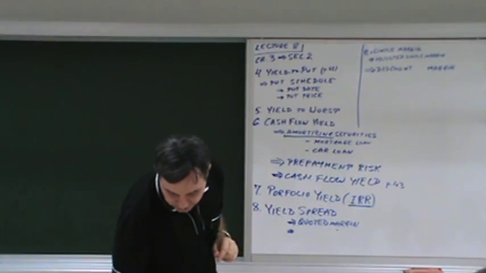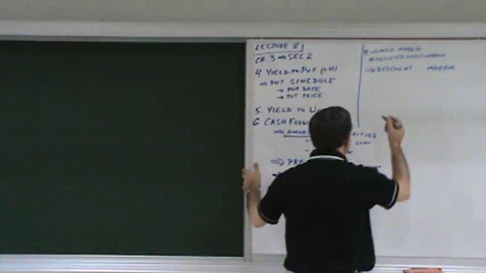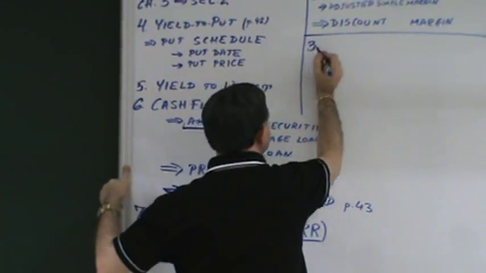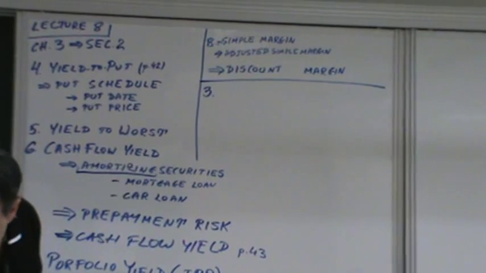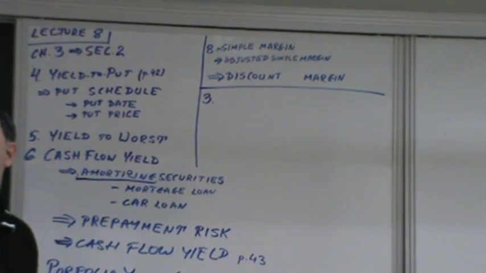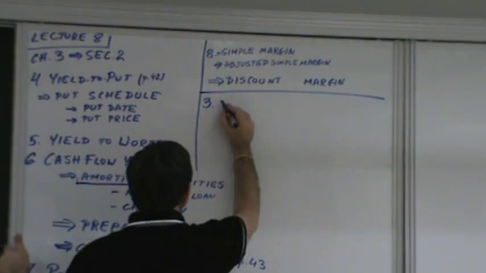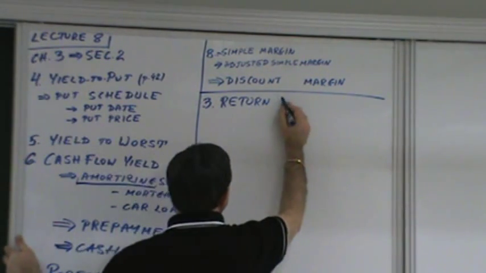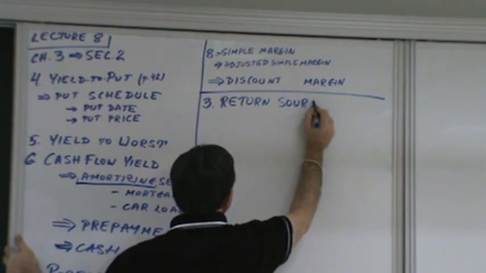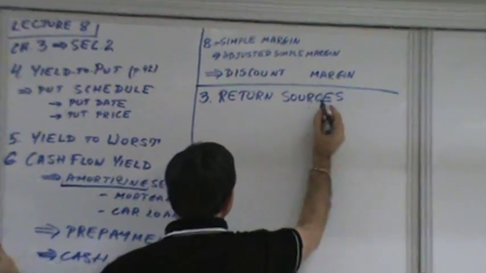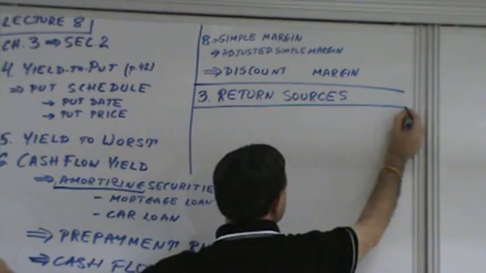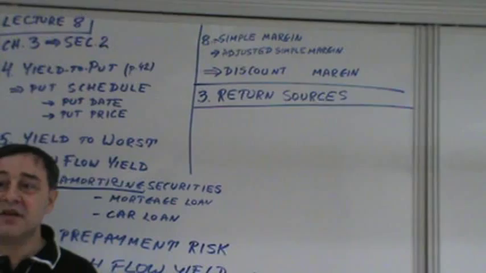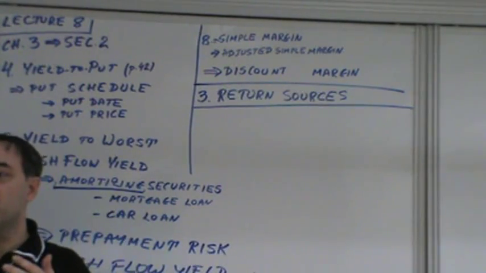All right, we have section 3, and section 3 is sources of bond returns. And it's very simple. If you buy a bond, where do you get money from?